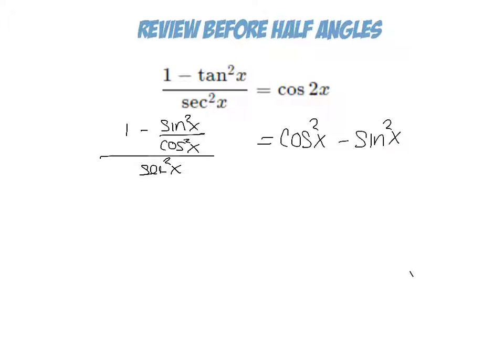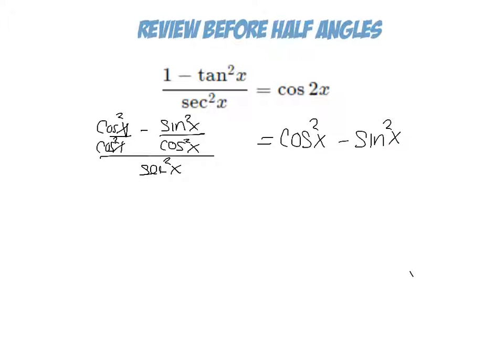But before I even do that, I can look at this 1 minus sine squared over cosine squared. I'm going to convert that into having a common denominator instead, like thinking of it as 1 over 1, but I'm going to call it cosine squared x over cosine squared x. Now I can subtract those.